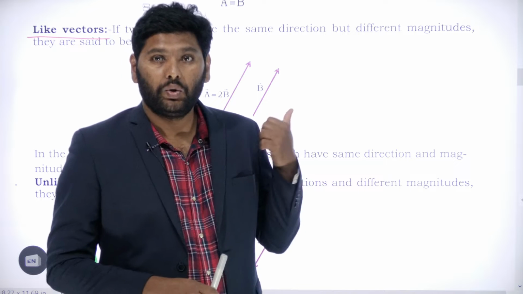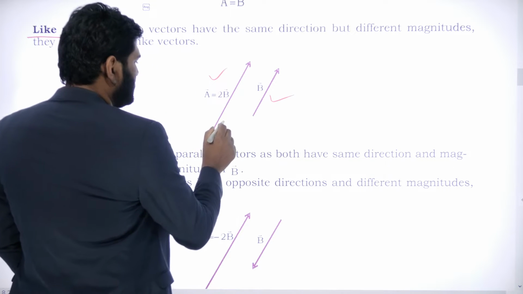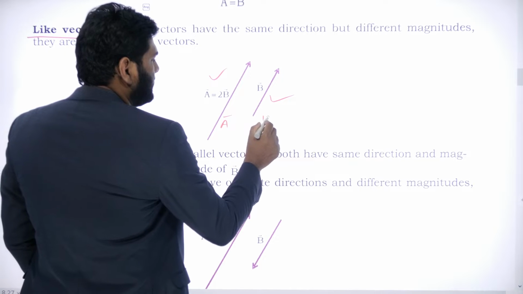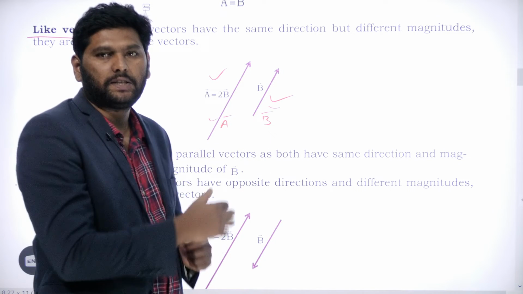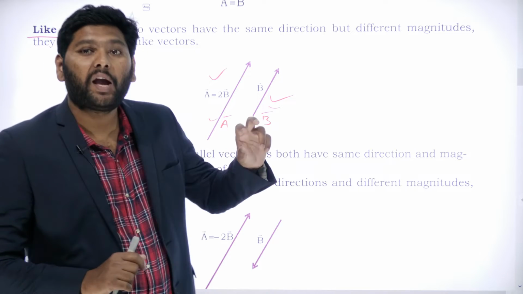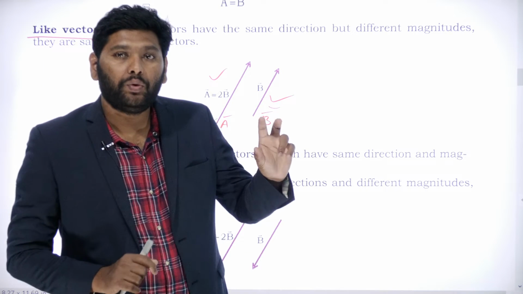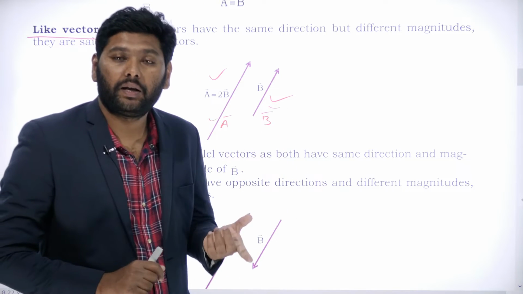Look here, this is vector A and this is vector B. These two vectors are acting in the same direction, but observe that the magnitude is different. How do you represent any vector pictorially or diagrammatically?